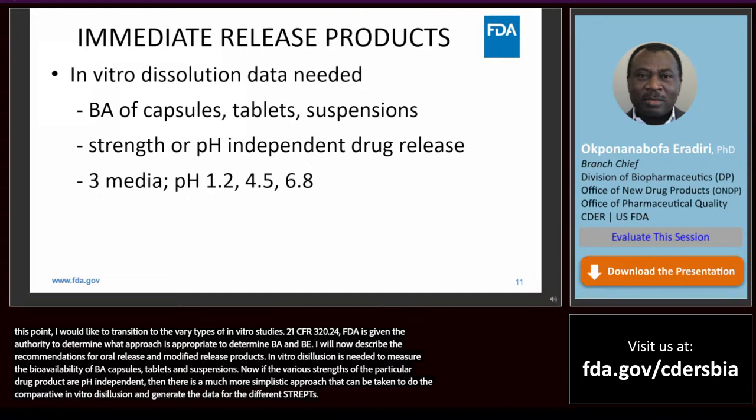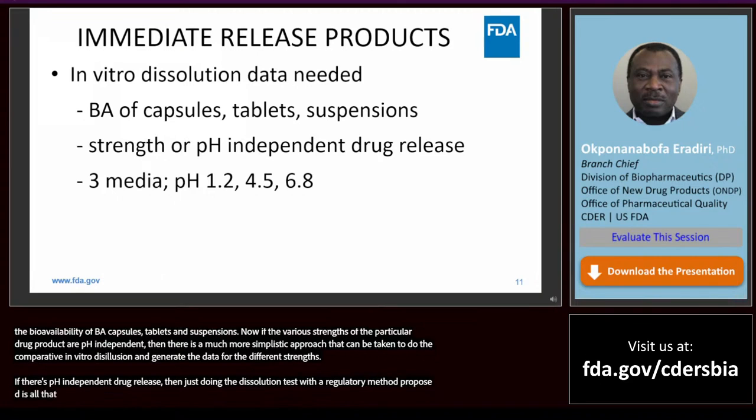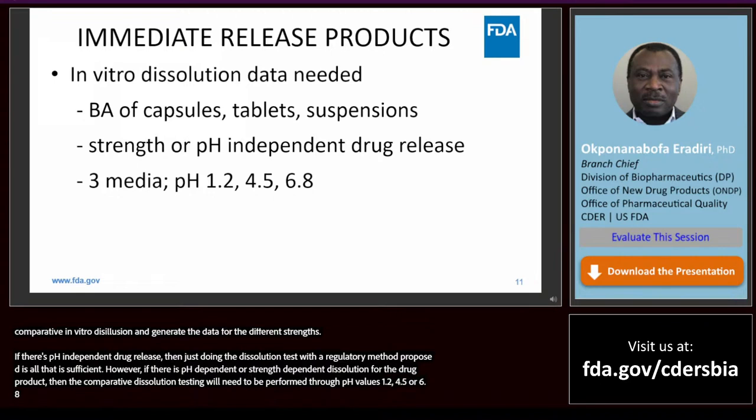If there's pH independence in the drug release rate, then just doing the dissolution test with the proposed regulatory method is sufficient. However, if there is pH dependent or strength dependent dissolution for the drug product, then the comparative dissolution testing will need to be performed at 3 pH values, 1.2, 4.5, and 6.8, pH values that are considered to be the physiologic pH range.